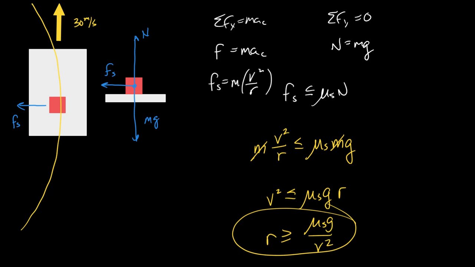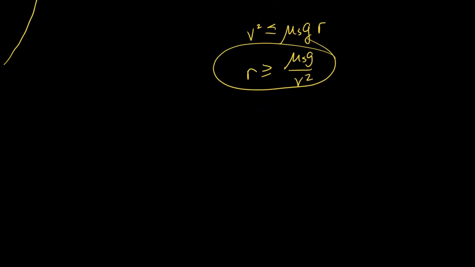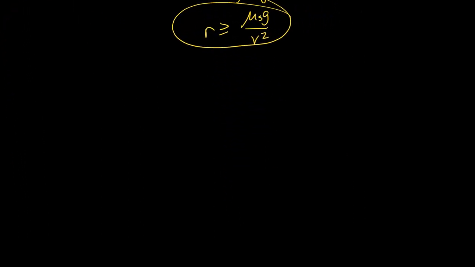So I'm preserving the inequality, and I do that on purpose because it tells me something that you can't get any other way. It tells me the threshold. And in this case, oh, I guess I can't do algebra today. That should be v squared over mu s g there. Sorry, you should check my algebra.